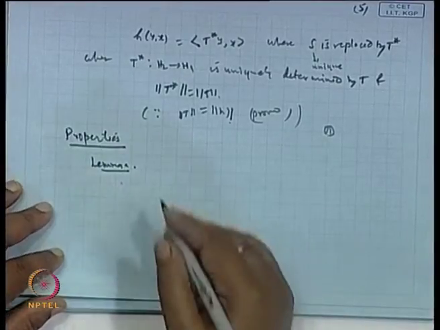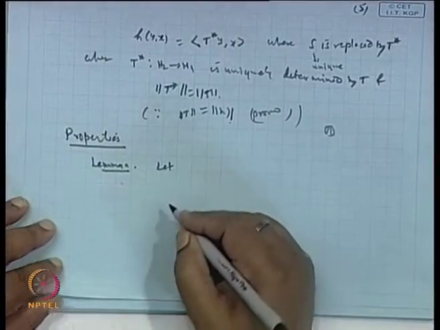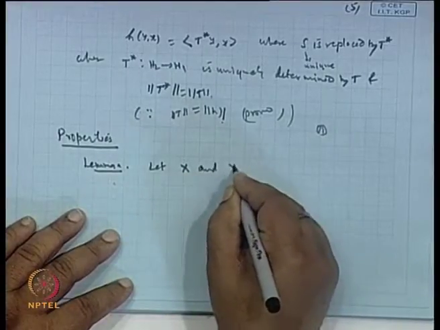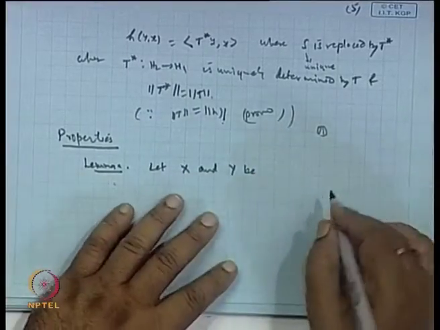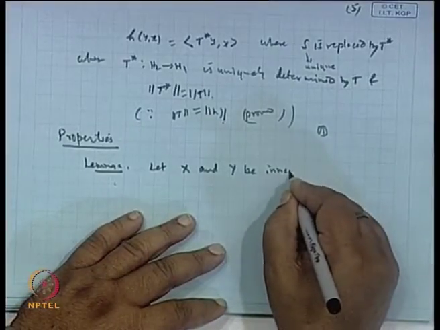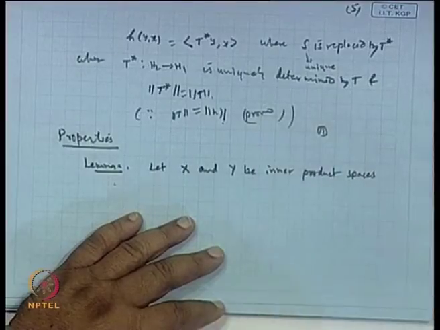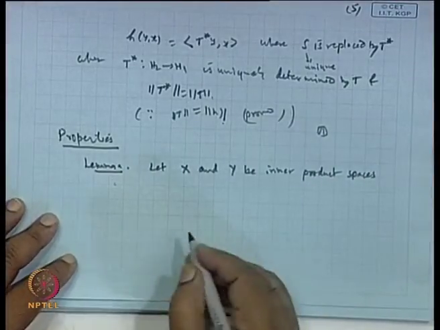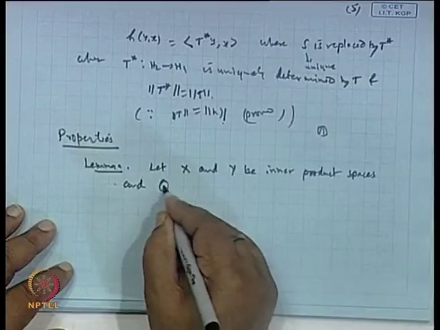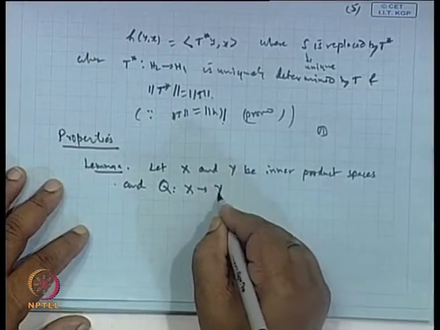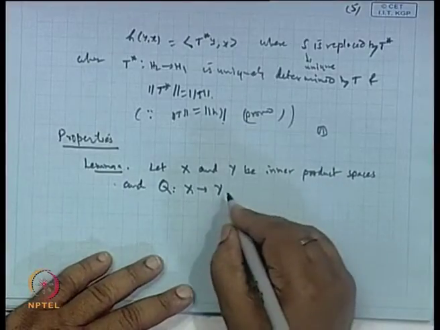Let X and Y be inner product spaces and Q a mapping from X to Y, a bounded linear operator.